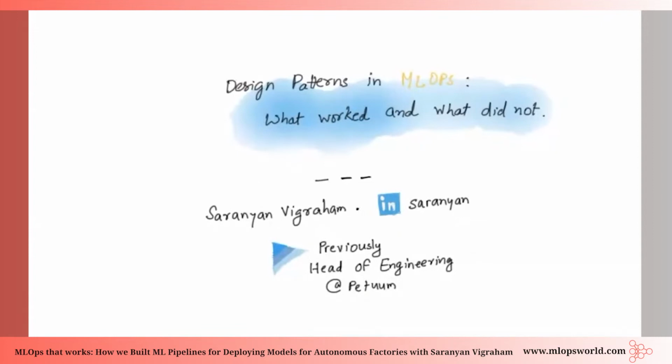All right. So again, the title of the talk by itself is design patterns, right? The way I like to think about a lot of things in machine learning operations is there are good ways of doing things that we carry over from distributed systems, and some things naturally work and some things don't.